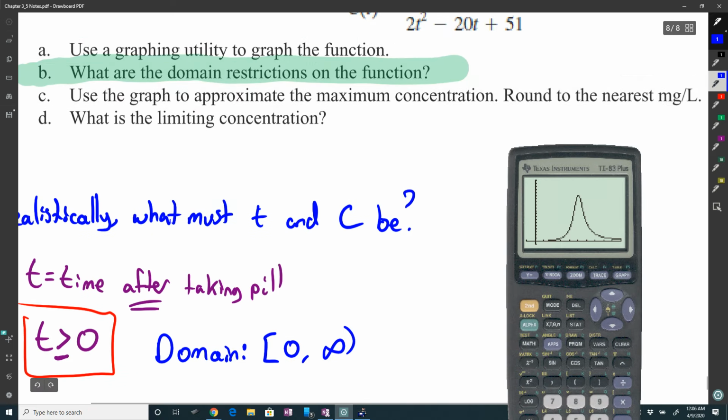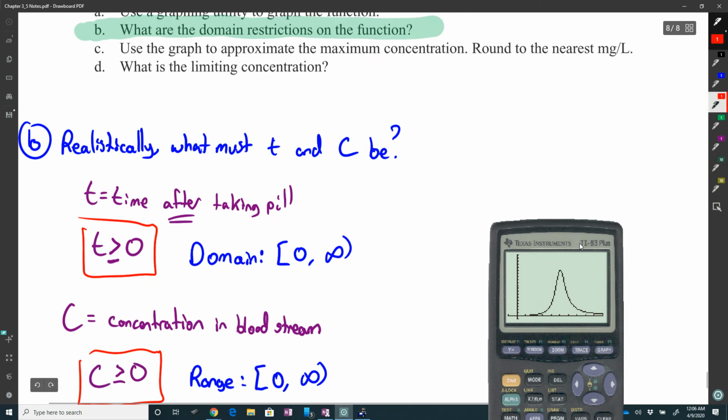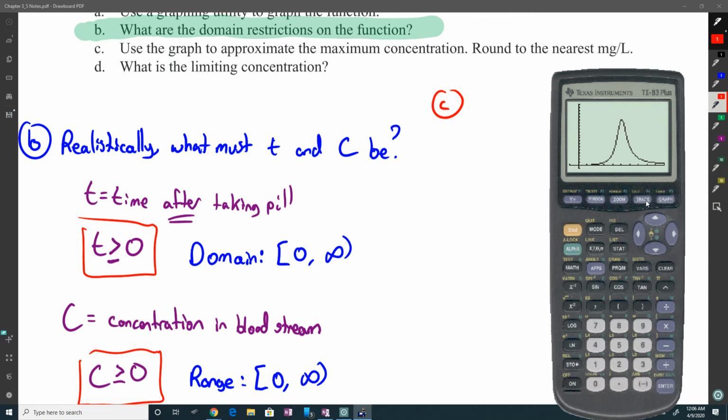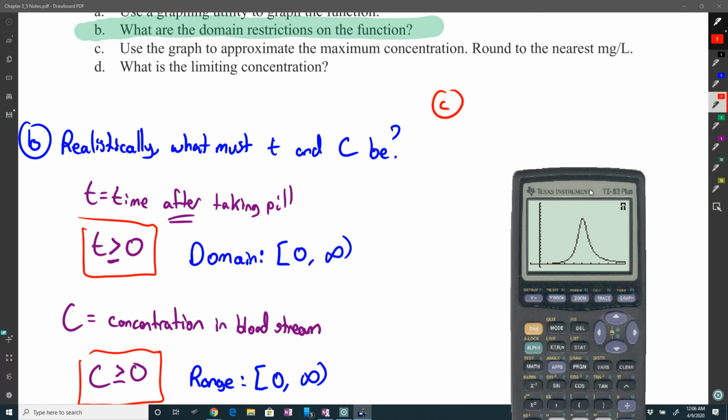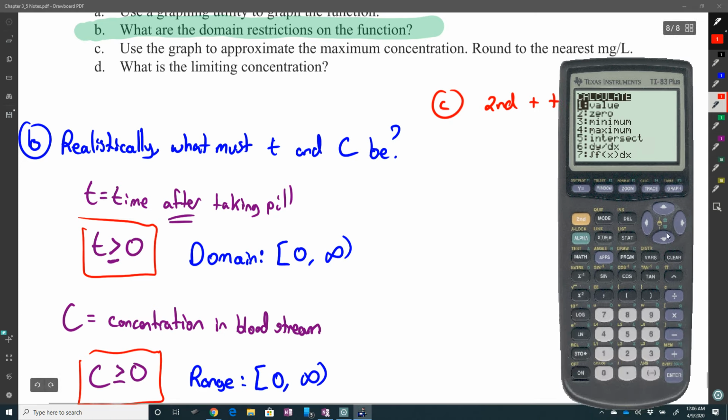All right, use the graph to approximate the maximum concentration. And so here they actually want us to use our calculator. So we go to part C. And so if you have your calculator out, it has special equations if you go to second and then trace. So let me write that here. And we're going to choose maximum.